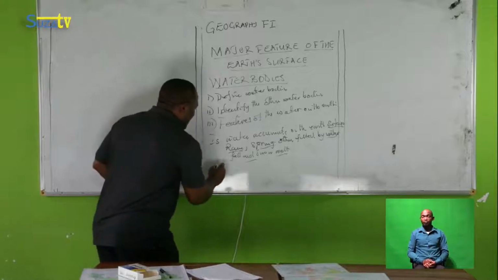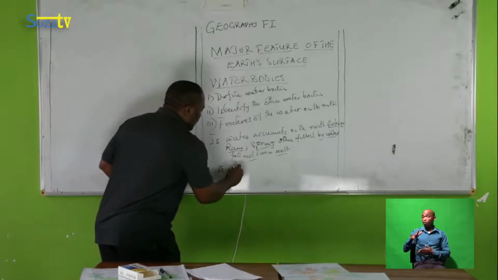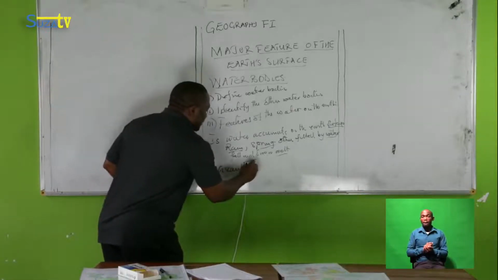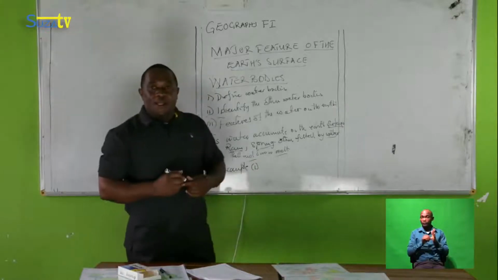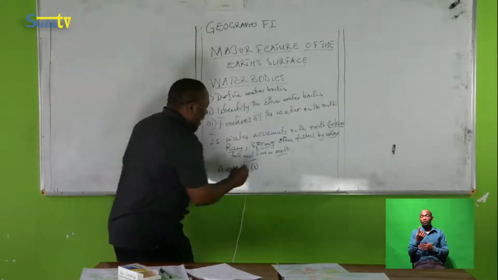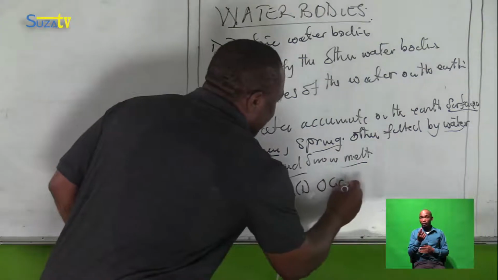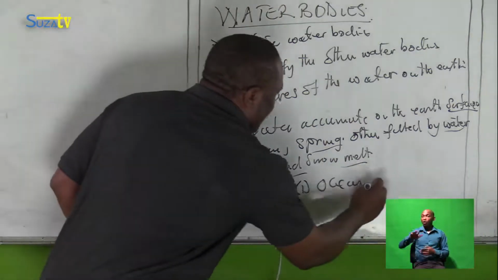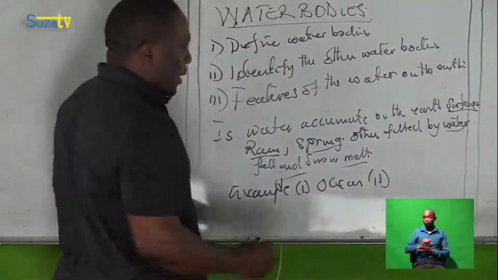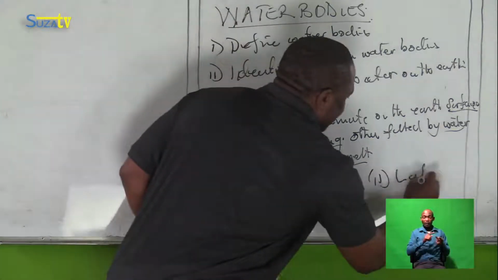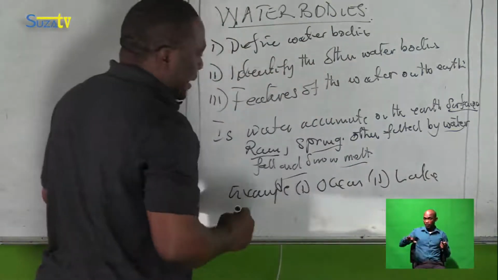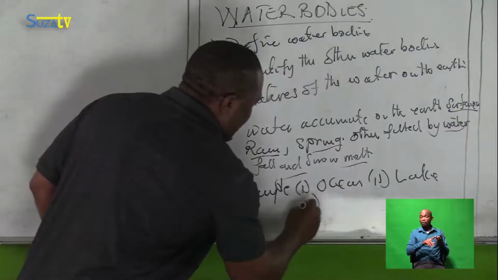Examples of water bodies, my students. One is the ocean. Second is the lakes. Third is the river.